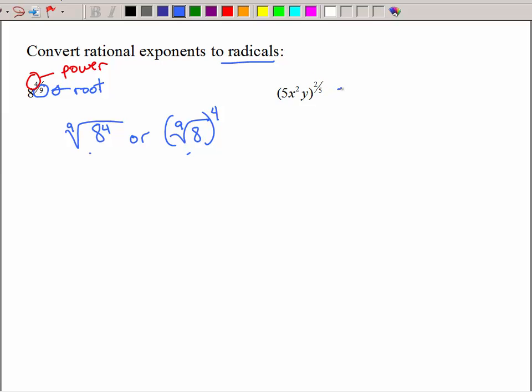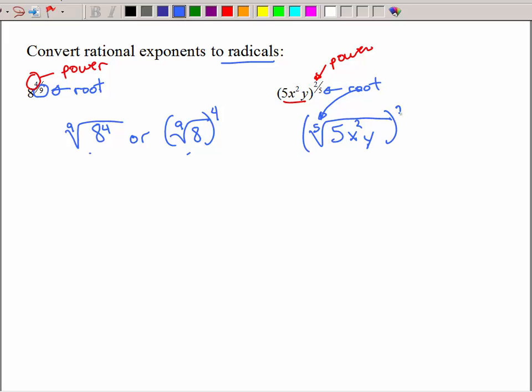Let's do it again. So the bottom number is the root. The top number is the power. All right, so that all stays together. So I have 5x squared y inside my radical. I need to take my root, so that's the fifth root, and I need it squared.